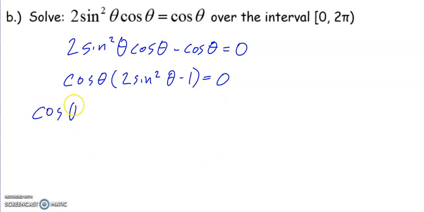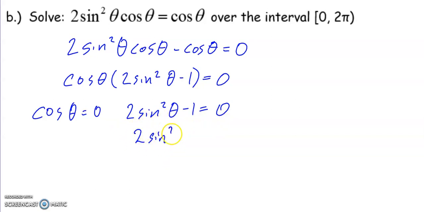Set all my factors, in this case it's only 2, equal to 0 so we can solve them. This one still needs to be solved, so I'm going to add 1 to both sides. Divide by 2.